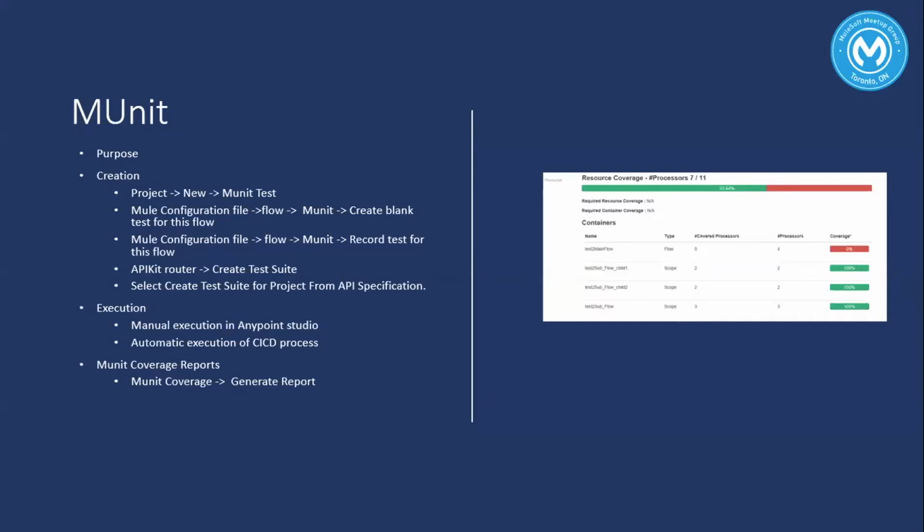The purpose of the coverage report is to measure how much of a Mule application has been executed, so that you can identify how many application flows, at the resource level, application level, or flow level, are tested properly.